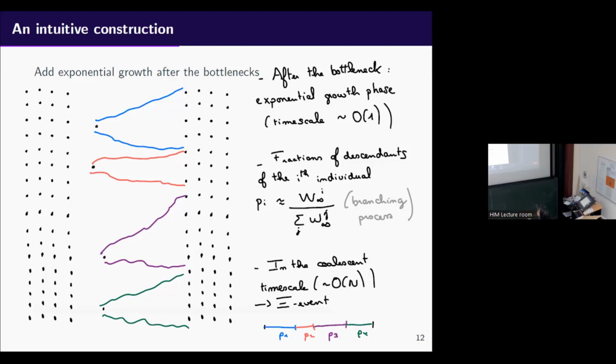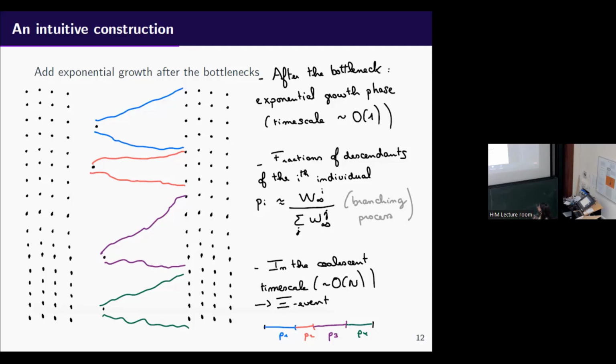For example, if all these individuals are of the same type, and then you have just a normal branching process with constant rate, we know that we can characterize the law of the size of the progeny of each of the individuals who survive. Okay. And now what we are interested in is looking at the genealogy of this type of trees.